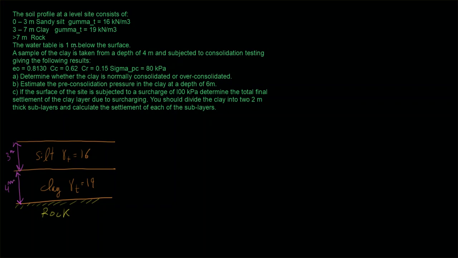Alright. We've got a water table that's 1 meter below the ground. And a sample from 4 meters deep, let's call it point A. We analyzed the sample in the lab and got the following results.